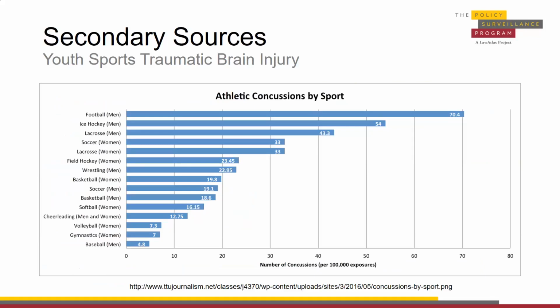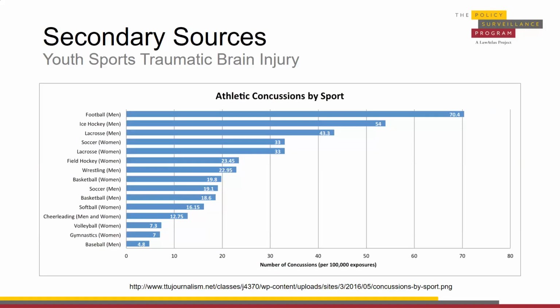Although men's football has the highest incidence of concussion, as you can see here, and is often the sport that is most talked about and most regulated by legislators, you can see by this table that it's not simply just men's football.